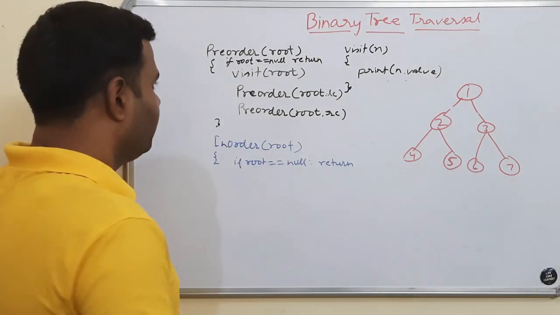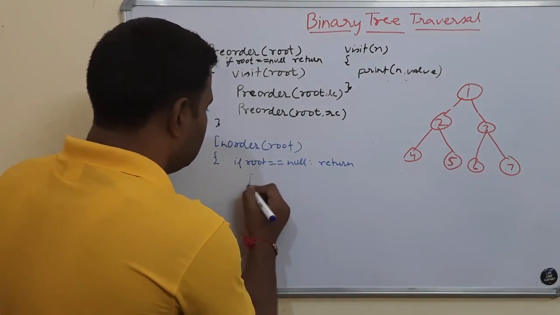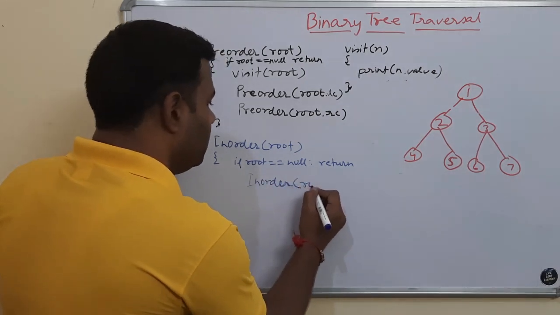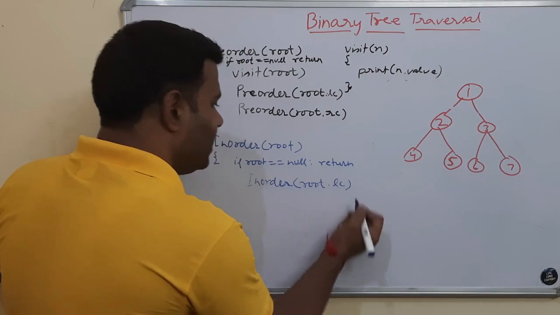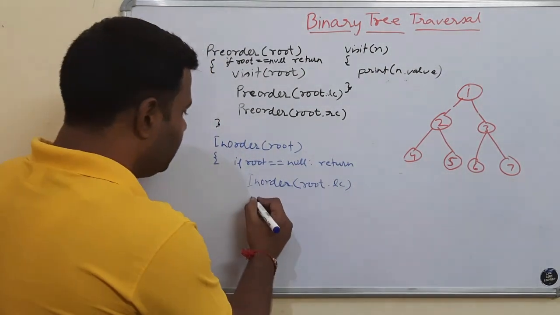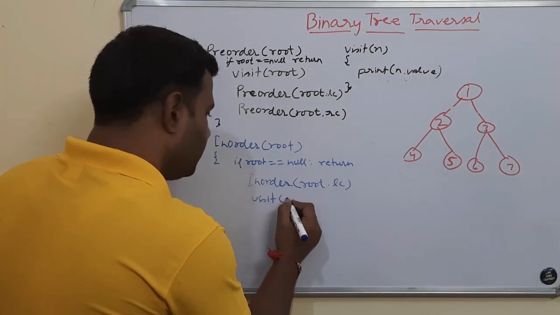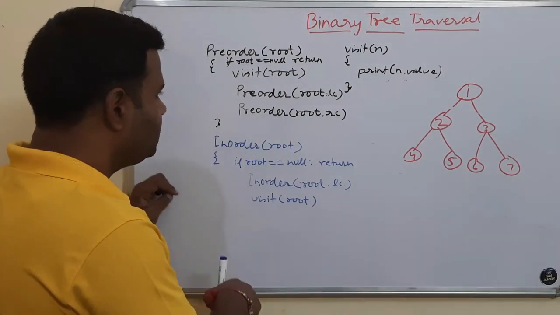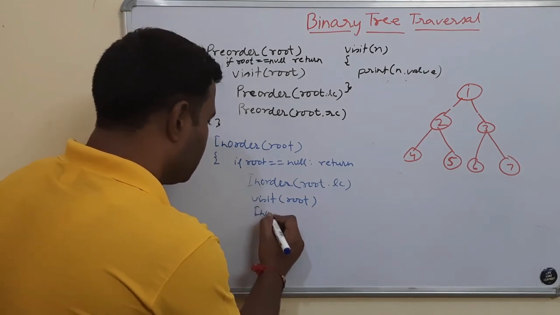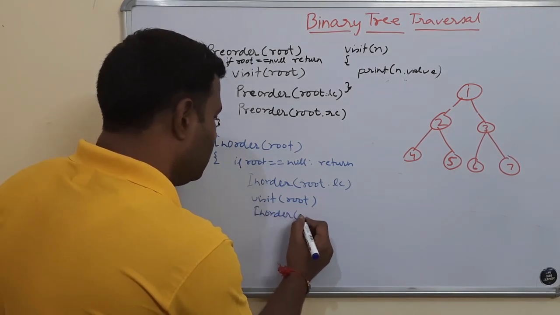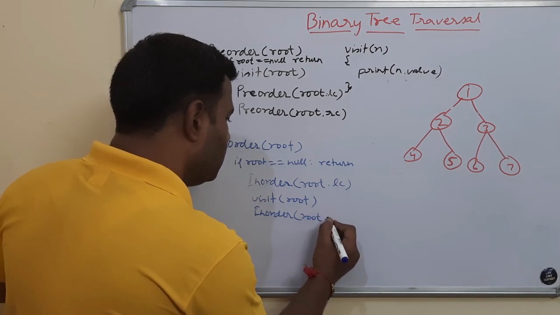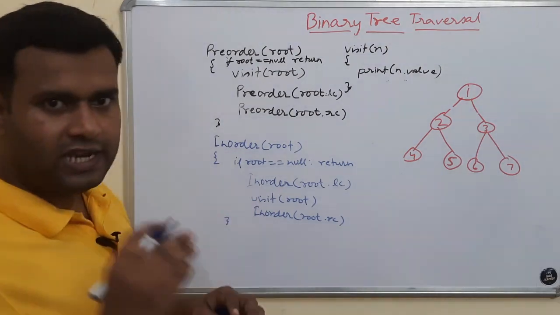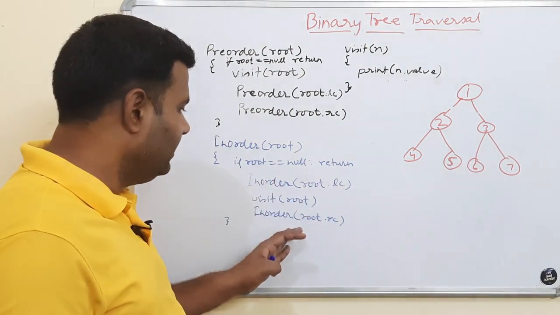You guessed it correctly. First, inorder of root dot left child, then visit root, and then third step should be inorder of root dot right child. So we have visited first the left child, then root, and then the right child.